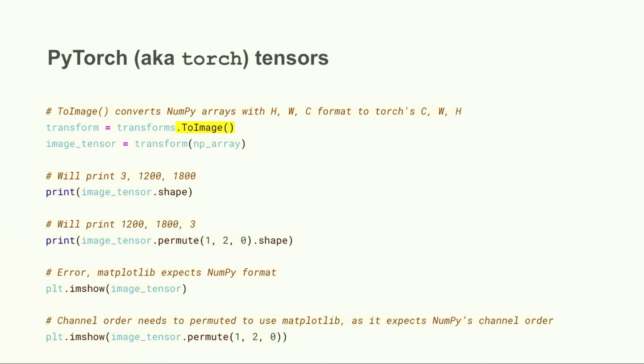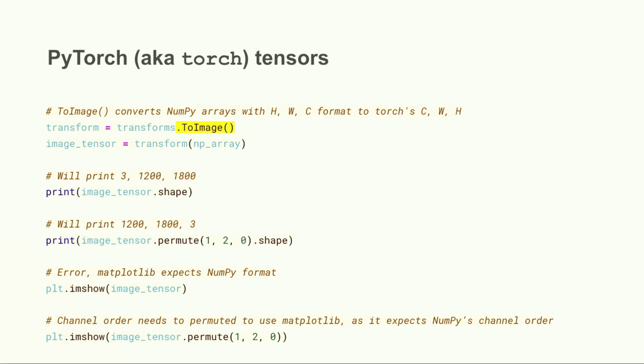The shape output that we have here as 3, 1200, 1800 reflects 3 RGB channels, 1200 pixels in height, and 1800 pixels in width. A common pitfall is that Matplotlib expects the NumPy format, not the PyTorch format.